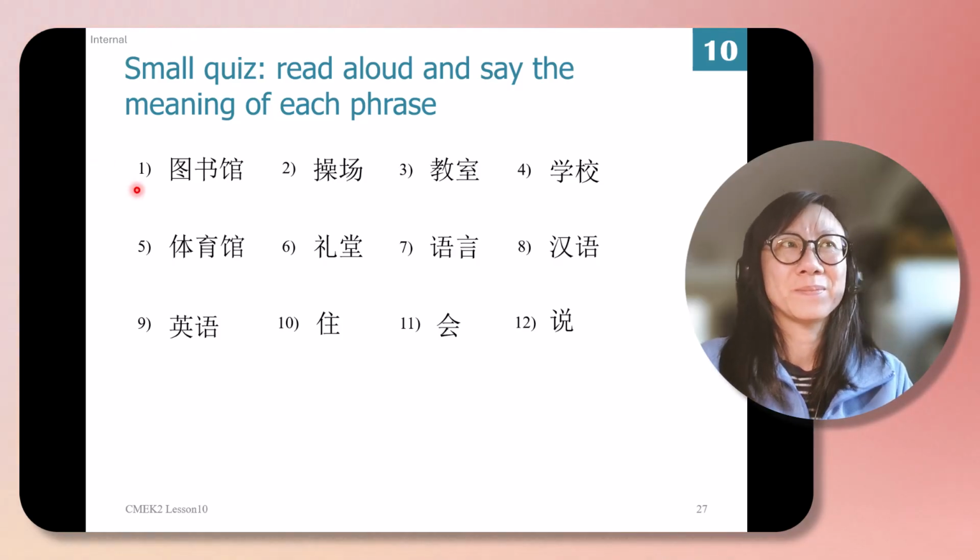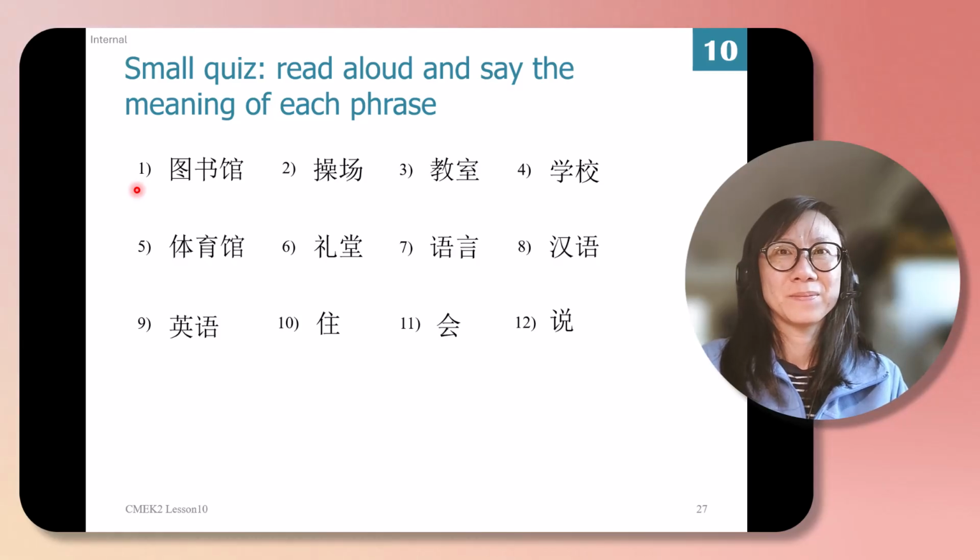The first one, 图书馆, library. 2 操场, the playground. 3 教室, classroom.